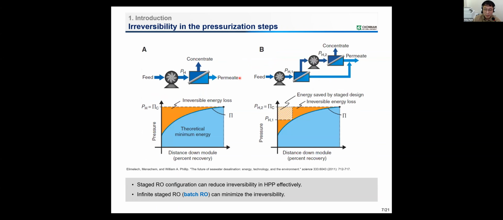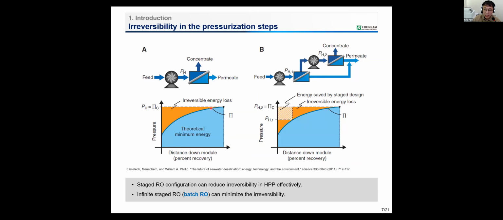About the irreversibility in the pressurization step, various researchers have discussed how to reduce the irreversibility in continuous RO systems. Actually, in the continuous RO system, the irreversibility originates from the instantaneous pressurization step.